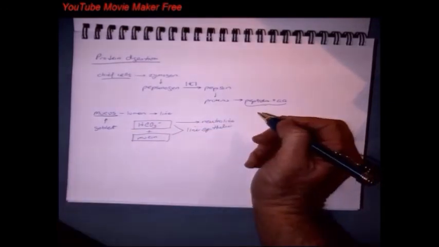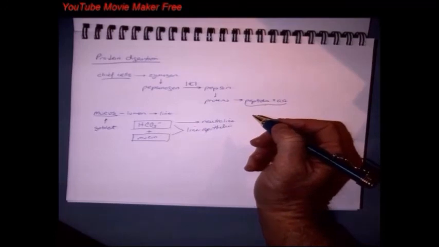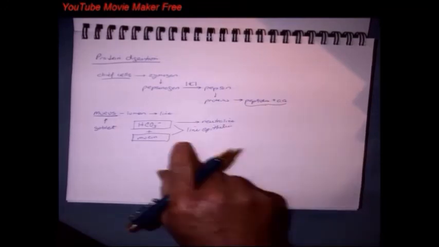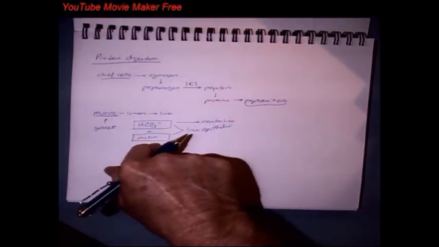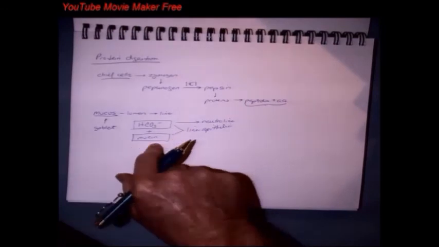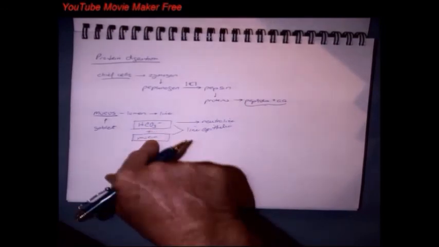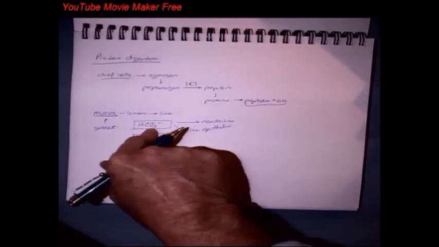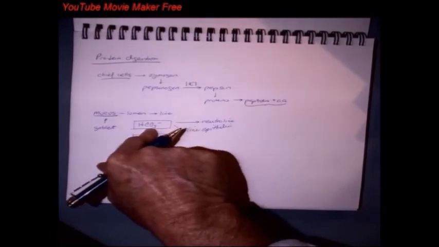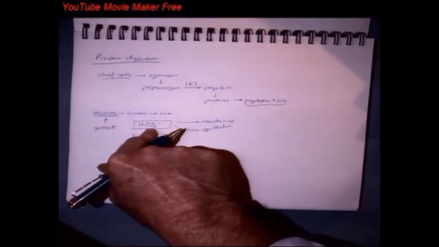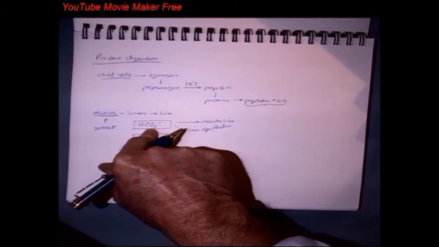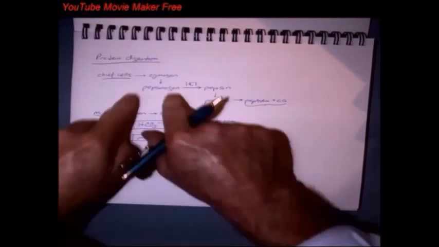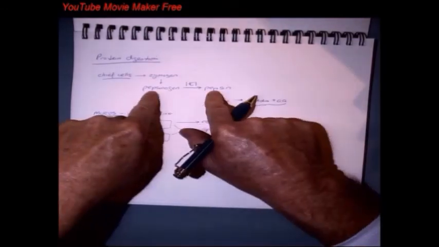Now, here's the real cool design of this. Mucus is very thick. It doesn't have a great diffusion rate. So the bicarb is secreted along with the mucin, and so very little bicarb ends up in the lumen. So you don't want to dampen out your pH change, because that pH change is activating your pepsinogen to pepsin.